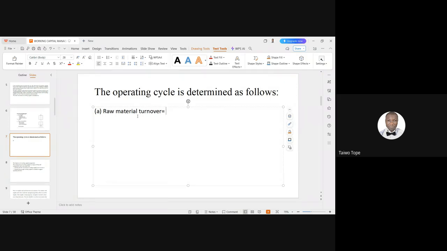In a question where you have your opening raw material and your closing raw material, for you to get the average, what will you do? Addition of the opening and closing divided by 2.